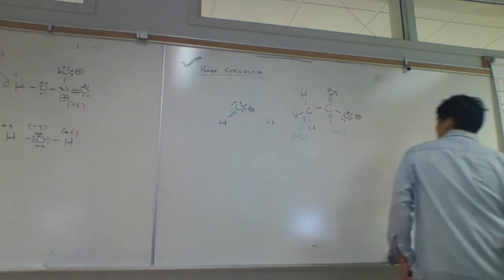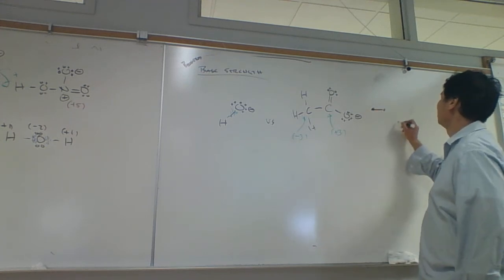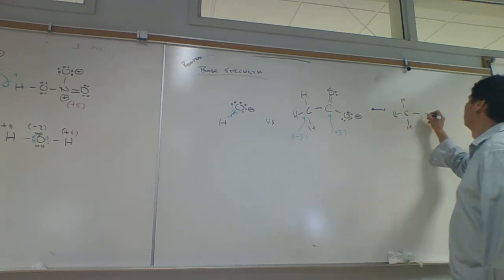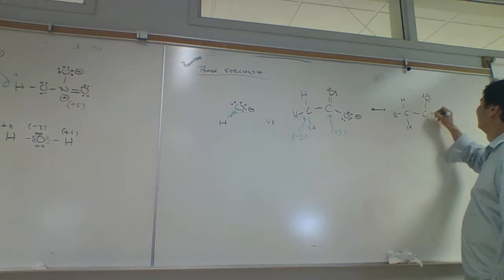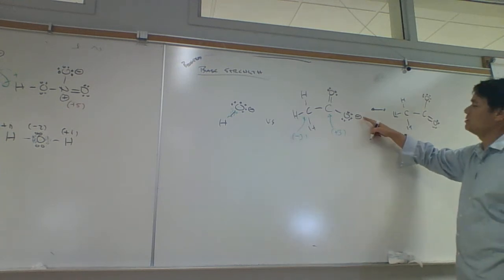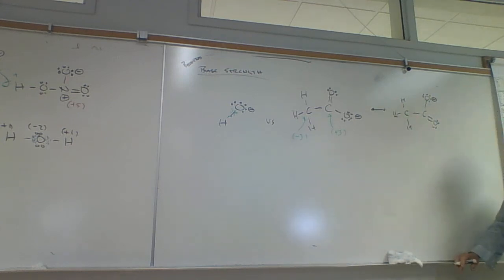We can actually draw, if you look at this structure, acetate, a resonance form for this. In this resonance form, what happens is this negative charge jumps from this oxygen up to this oxygen. That would be the resonance form here.